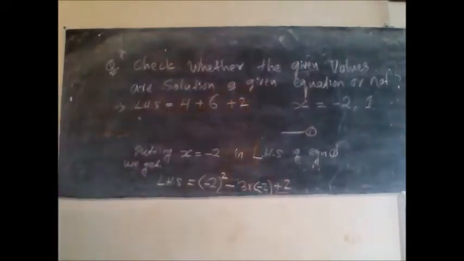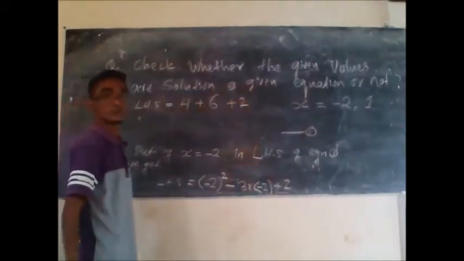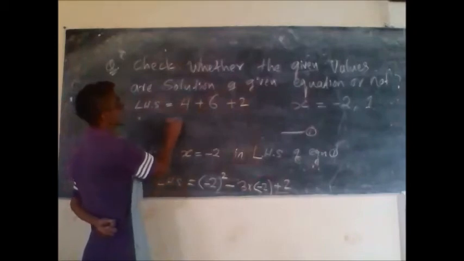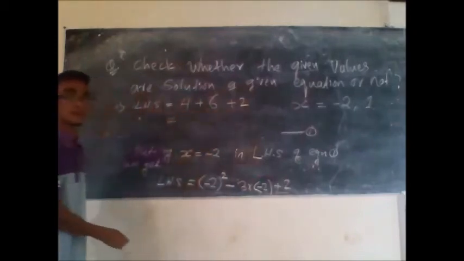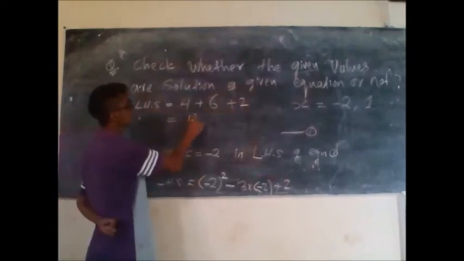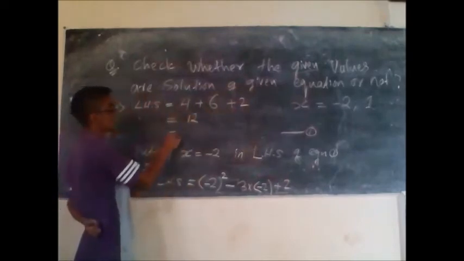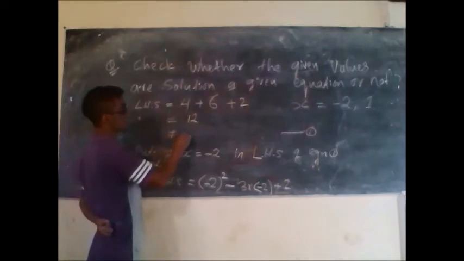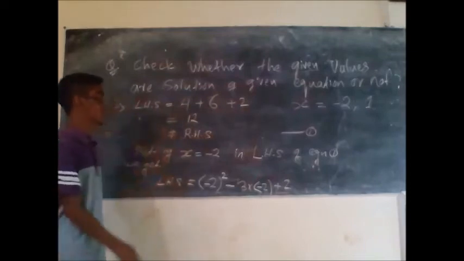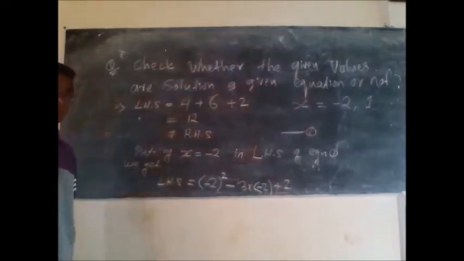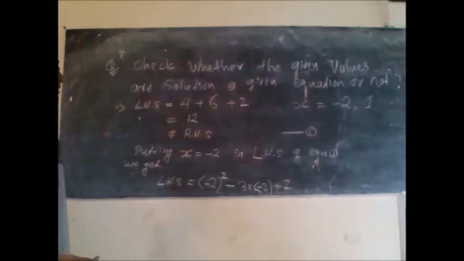So we get 4 plus 6 plus 2, which is equal to 12. This is not equal to the right hand side of equation 1, which is 0.